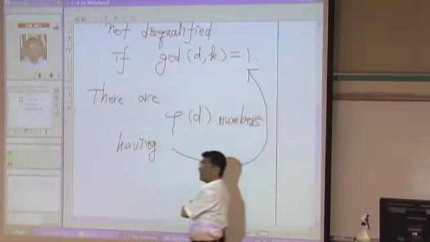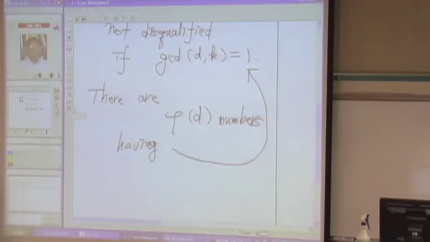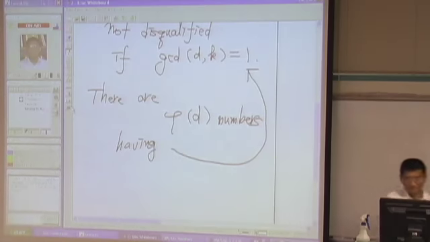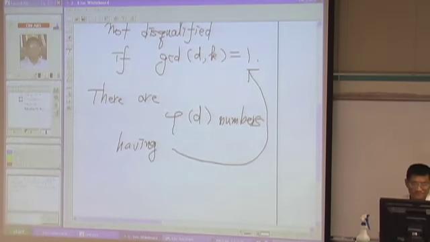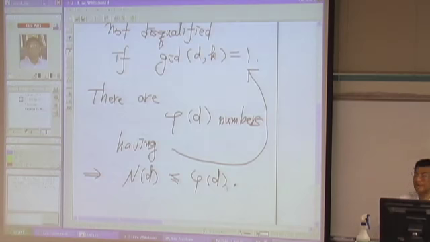So we are done, right? Because we have proved that there are, at most, phi of D numbers, n of D is less than or equal to phi of D. Any questions?